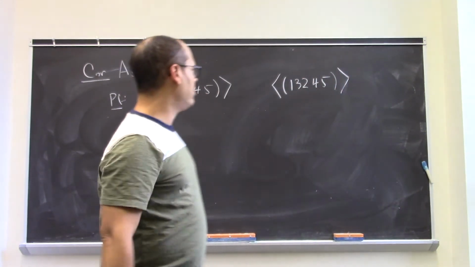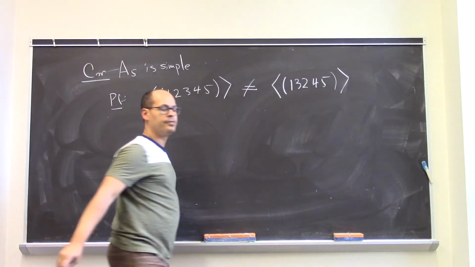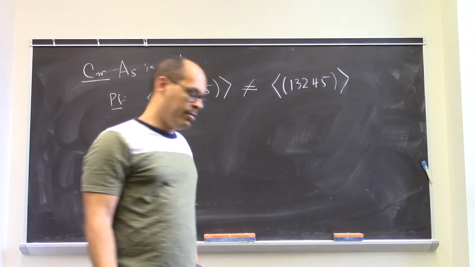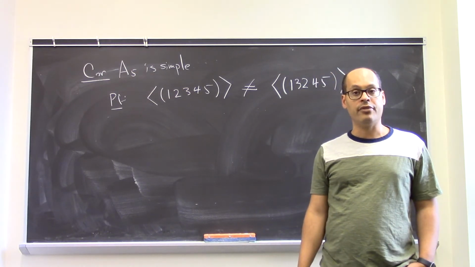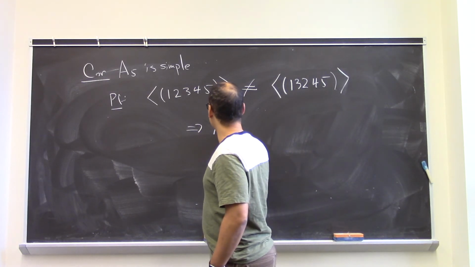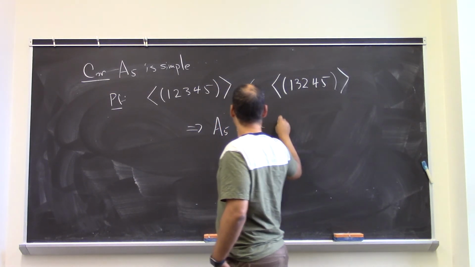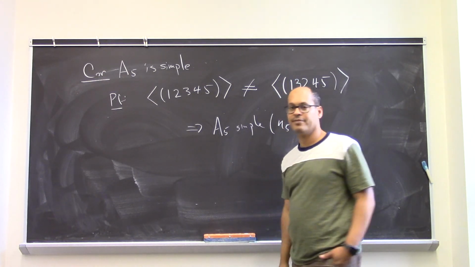These are not the same cyclic subgroup. But they're both Sylow 5 subgroups. So I have more than one Sylow 5 subgroup, and that implies A5 is simple. Right? n5 is not equal to 1. There we go.